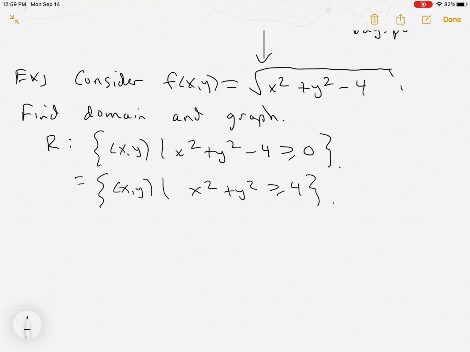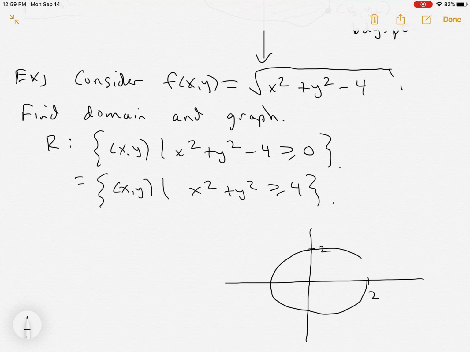Okay, well, x squared plus y squared equaling 4 is a circle of radius 2 centered at the origin. And we want all the points that are outside of that circle because it's greater than or equal to.